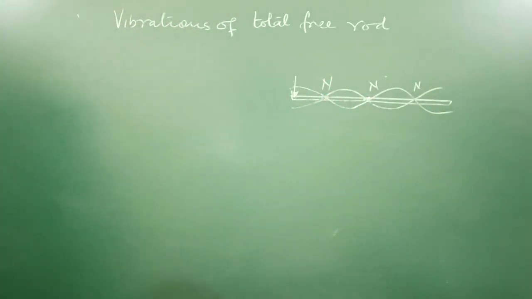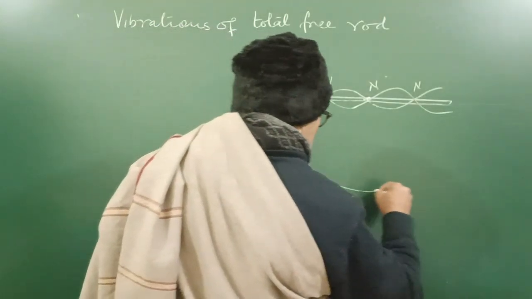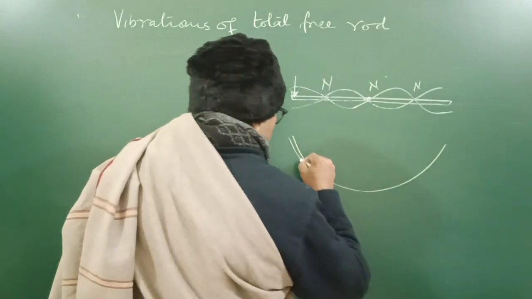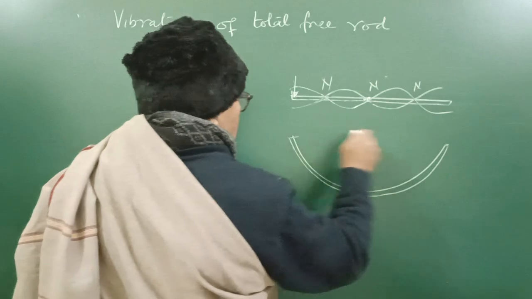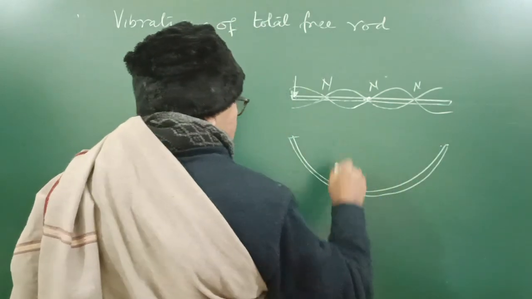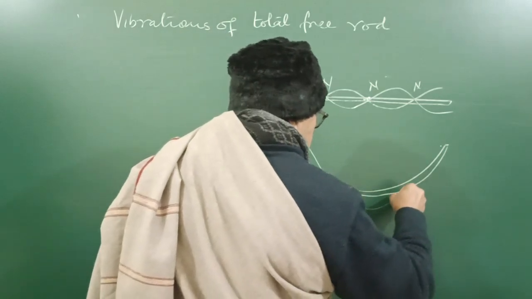This is totally free. Now if I bend this rod like this, but ends are free and center also free, then transverse vibration produced here, the rod may oscillate like this.